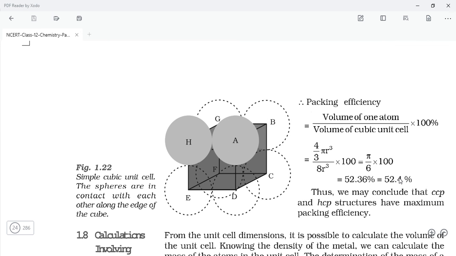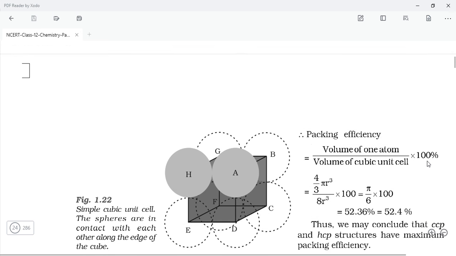Packing efficiency is equal to volume of one atom upon volume of the cubic unit cell into 100, and you will get approximately 52.4%. Thus we may conclude that CCP and HCP structures have maximum packing efficiency.